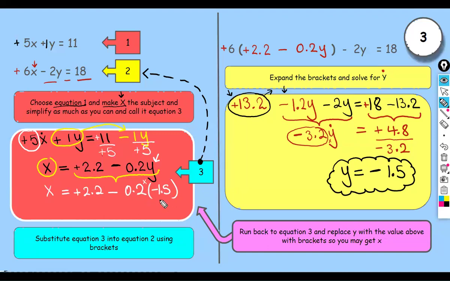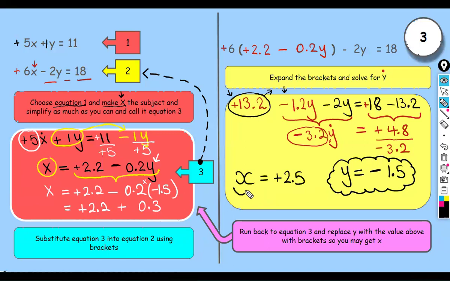Remember, there's a secret multiply here. Positive 2.2, I need my calculator for this. 0.2 multiplied by 1.5 is 0.3. And when you multiply two minuses, you get a positive. Well, I don't have space there, but I'll put the final answer for x here. 2.2 plus 0.3 is positive 2.5.